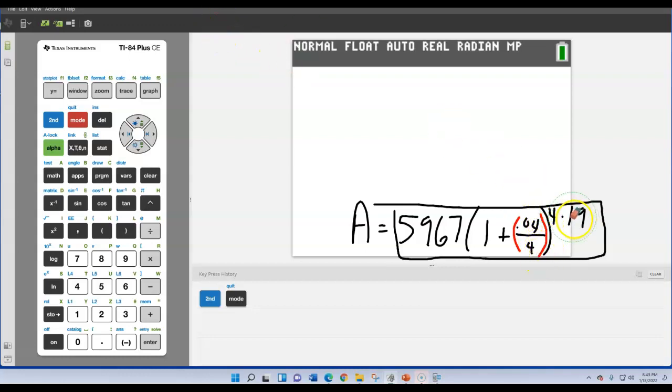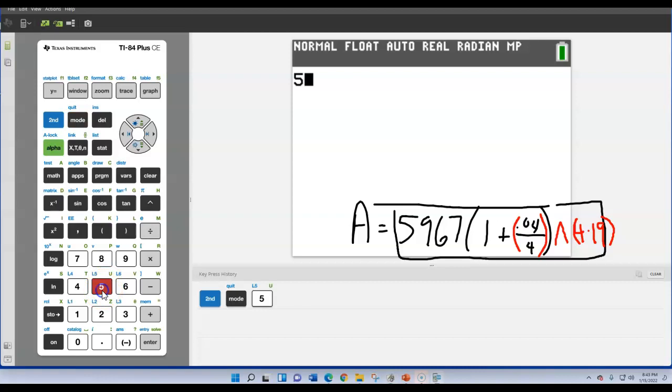And the power, as you guys have seen in other lessons from this unit, the power button looks like a little arrow. Now, since we have 2 things here in the power spot, we do need to put that in parentheses also. So this is exactly how I'm going to type it into my calculator.